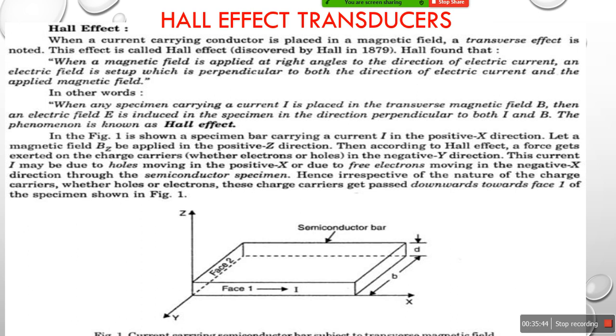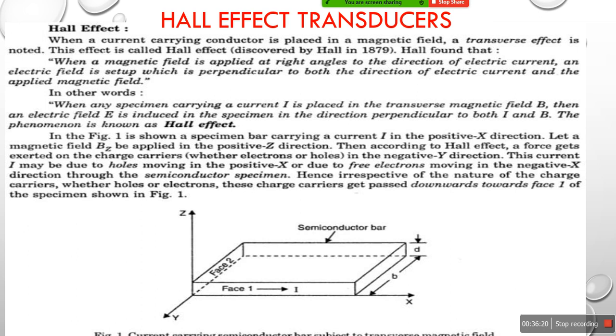In this figure, a specimen bar is carrying a current I in the positive x direction. You can see in the diagram clearly that the x direction is the direction of the current. We are placing a specimen bar in which the current is flowing in the x direction. Let a magnetic field Bz be applied in the positive z direction. It means along the z direction we are placing a magnet. Then, according to the Hall effect, what happens?